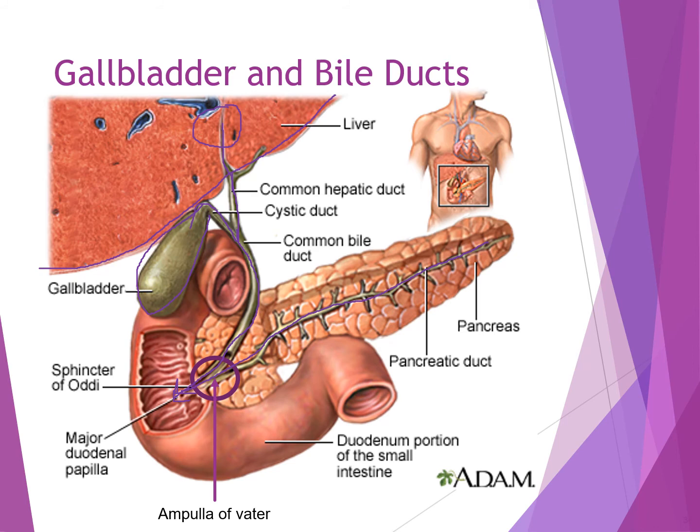So what happens when we take out the gallbladder? When we take out the gallbladder, one thing we want to make sure we do not do is clamp the common bile duct, because once we take out the gallbladder, whatever bile that's made from Mr. Liver is just going to flow into the common bile duct and drip into the duodenum.